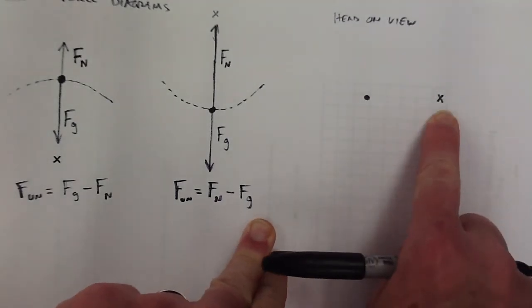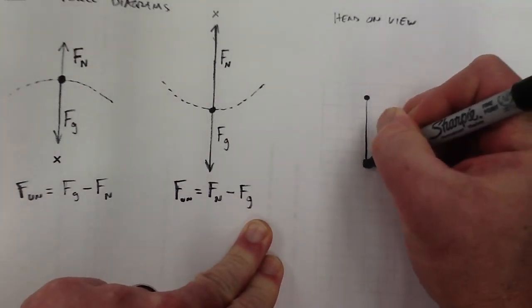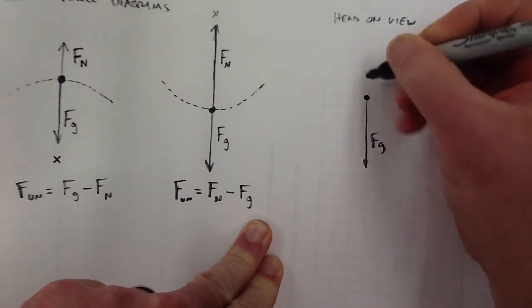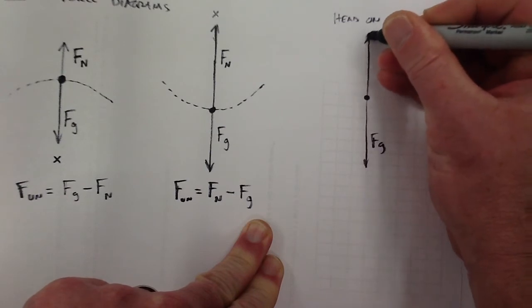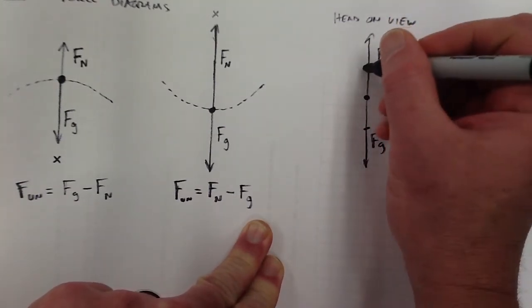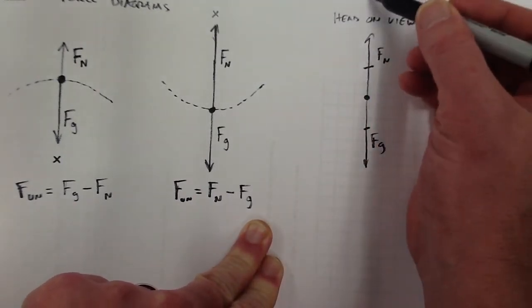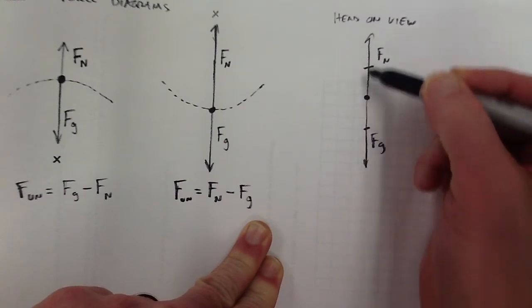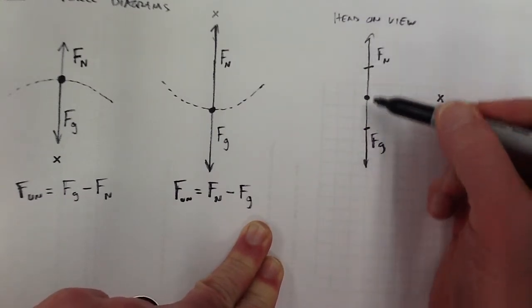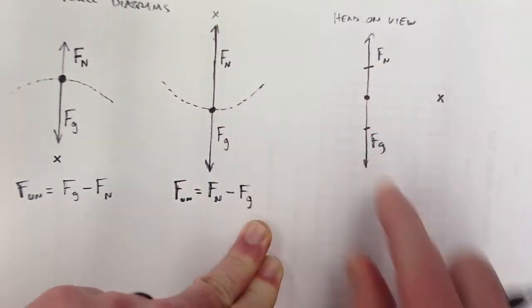Again, notice I'm always going to put a little X there where the center of the circle is. Now, here's the force of gravity. Here is the normal force. In this case, the car is driving around a corner. The center of the circle is not up here or down here. These are balanced, right? If the center of the circle was up here, like in this diagram, then the normal force would be bigger.